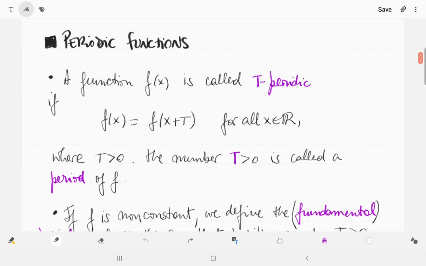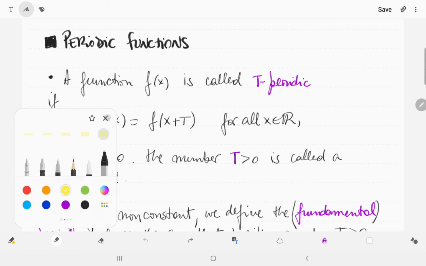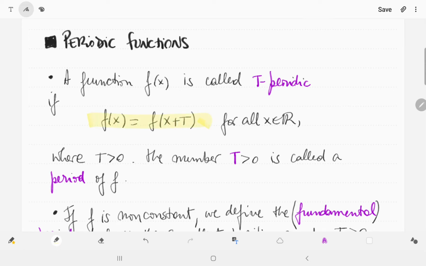A function f is called t-periodic, where t is a positive number, if we have this identity: f at x is equal to f at x plus t for every x in R. And this number t is called the period of f.